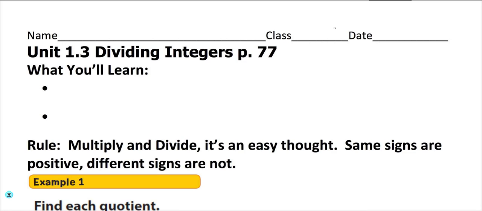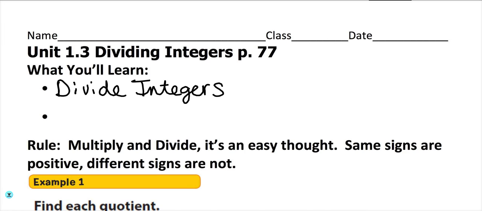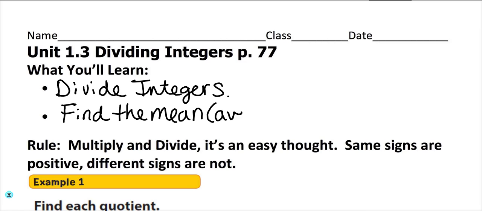So here's our two objectives for today. The first thing we're going to do is obviously divide integers. And the second thing we're going to do is find the mean or average of a set of data.